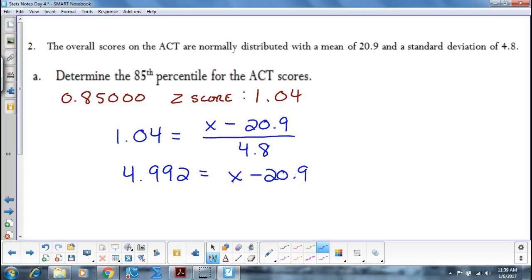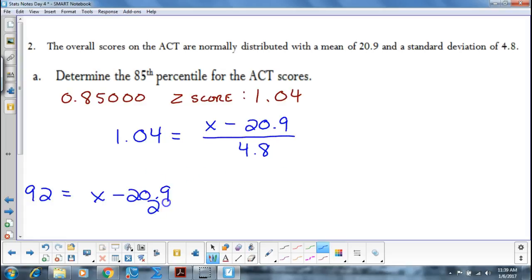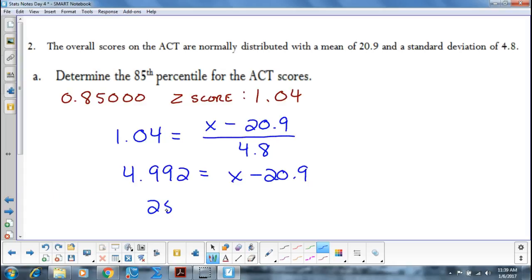Add 20.9 to that. Gets me 25 point, and so on.